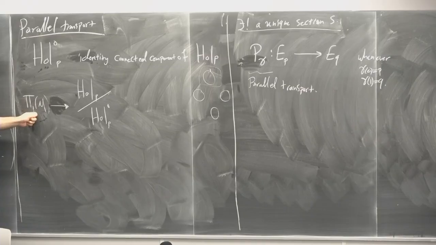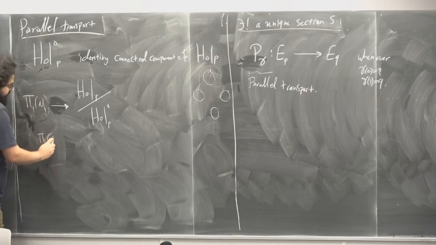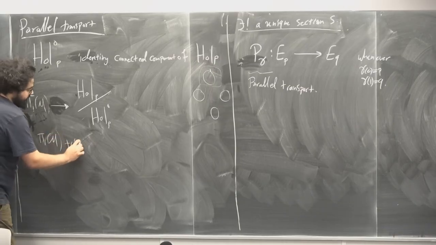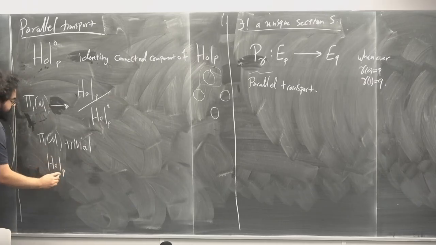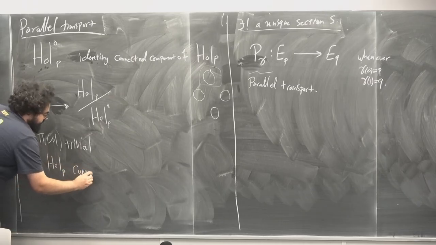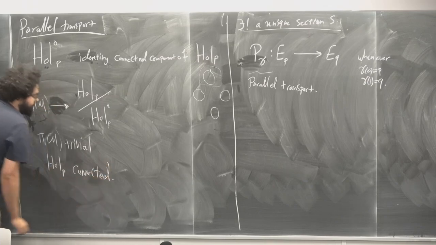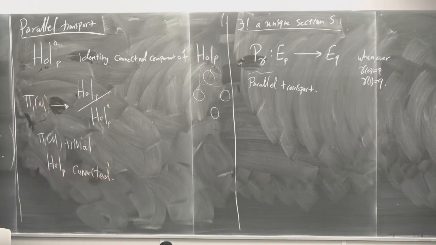But if your manifold is simply connected, so if pi1 is trivial, then basically Hol P is connected. And hence Hol P0 is Hol P. Correct, Hol P0 is the same as Hol P. Exactly.